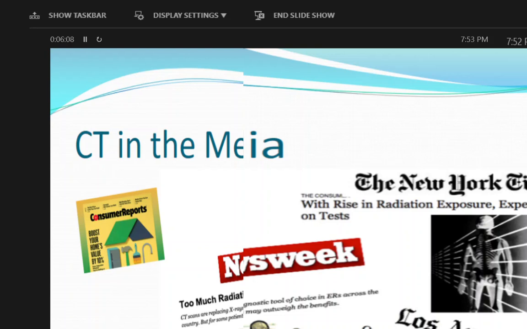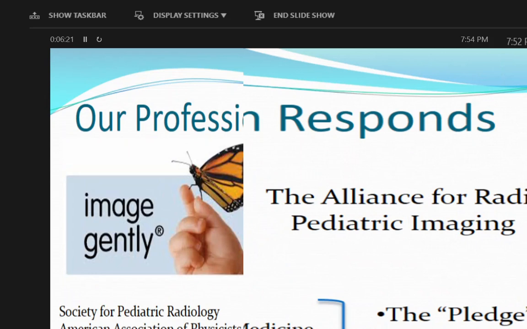So when that happened, the manufacturers were like, we need to do something. This is not good because there are patients that need to have CT scans that now are scared to have them because they're afraid of the radiation dose. So they came up with all of these different pledges that you can make and websites that you can go to. There's Image Gently, with protocols specifically for pediatric patients.